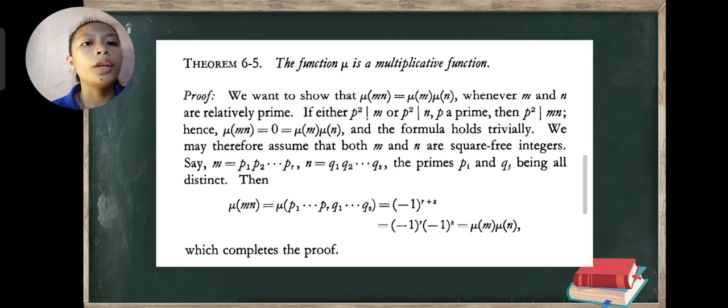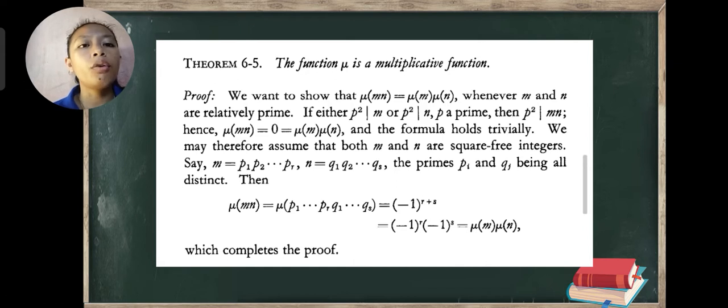trivially. We may therefore assume that both m and n are square-free integers. Say m is equal to p sub 1, p sub 2, ..., p sub r, and n is equal to q sub 1, q sub 2, ..., q sub s, the primes p sub i and q sub j being all distinct.